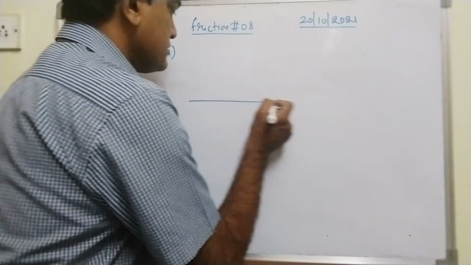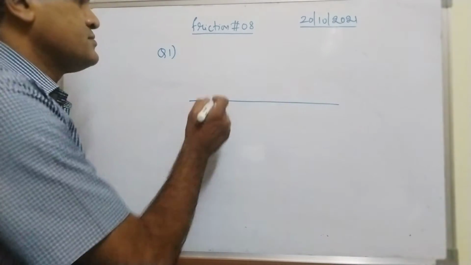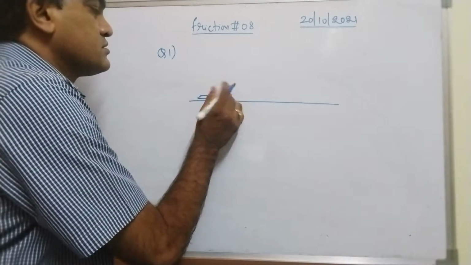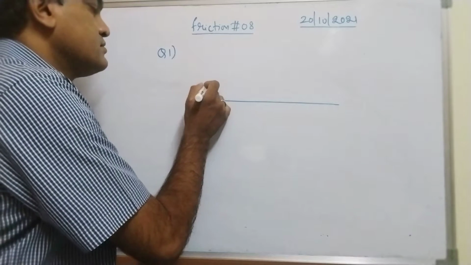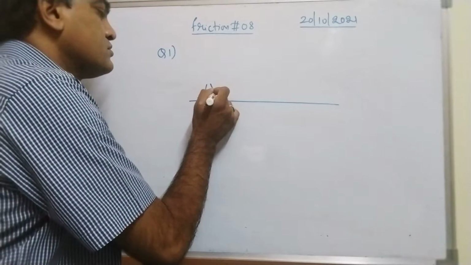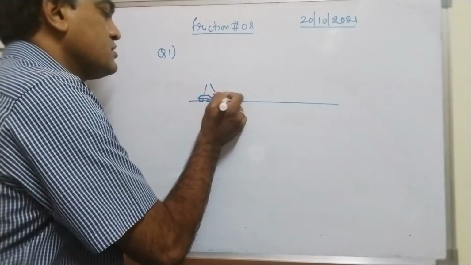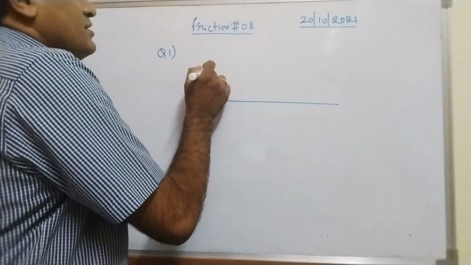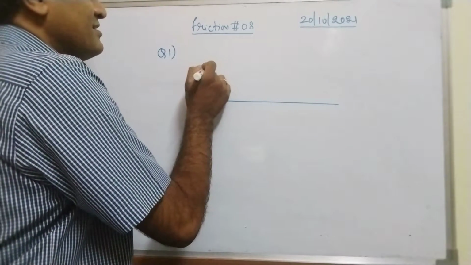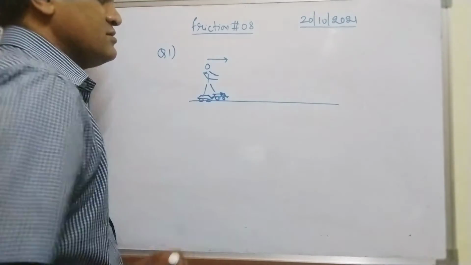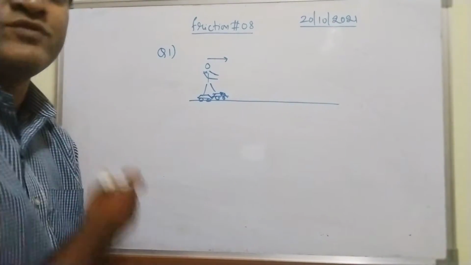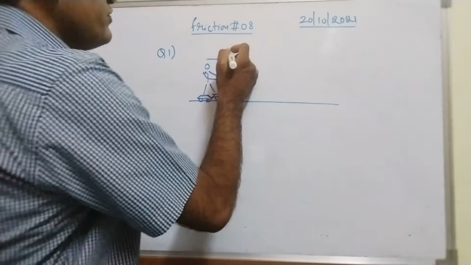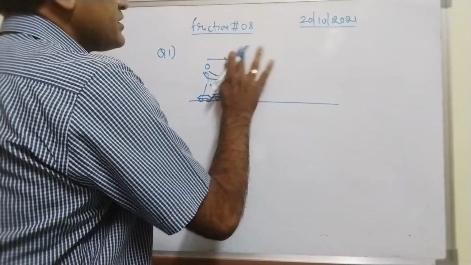A skater is skating on the ice, and he is moving in this direction. Assume that he is wearing skates and is moving on the ice. So he is moving with a speed of 10 meter per second.